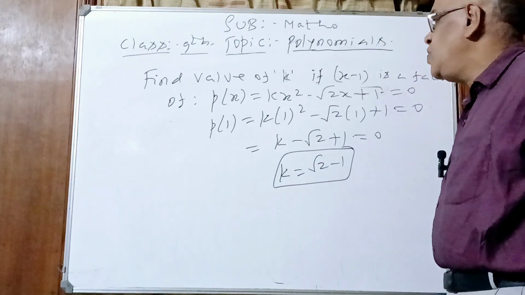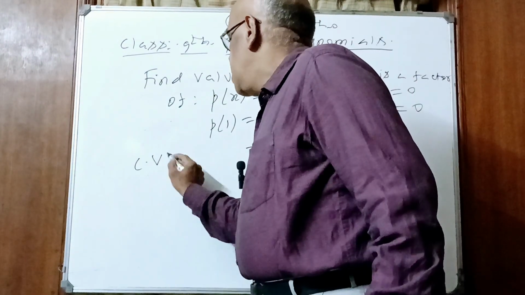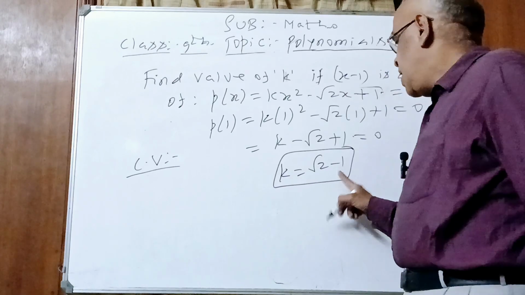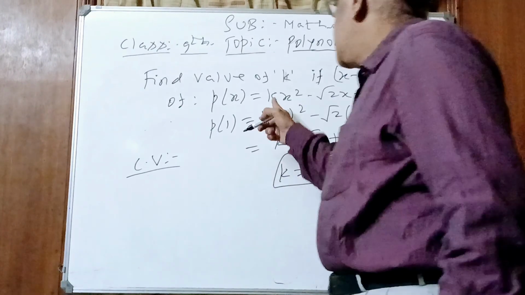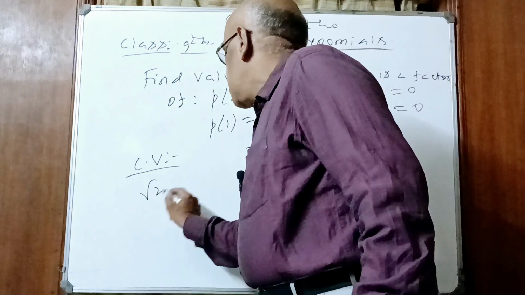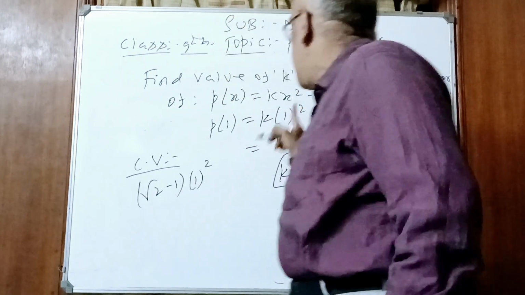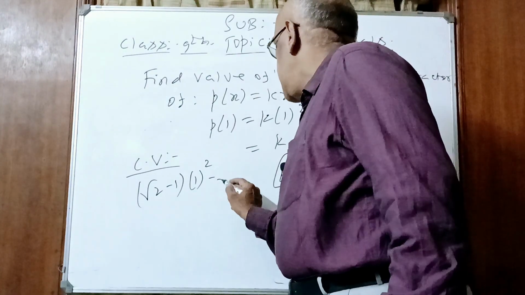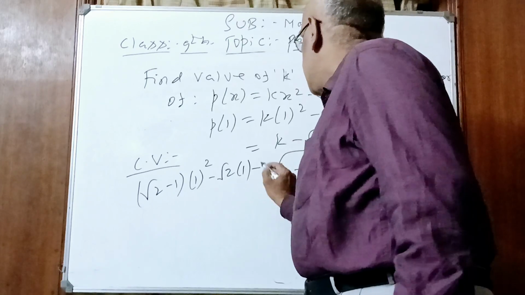So, if you have doubt, put it in this given equation. Cross verification. CV means cross verification and find our answer. If you have doubt, root 2 minus 1, put it in the place of k. Root 2 minus 1 into 1 square minus root 2 into 1, then plus 1.